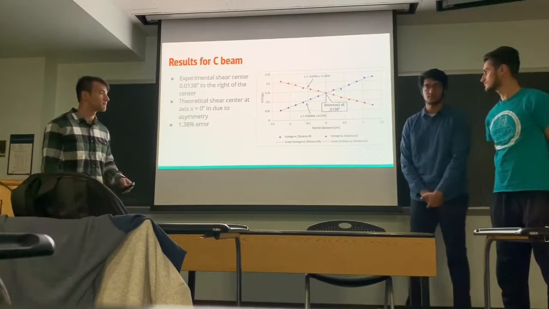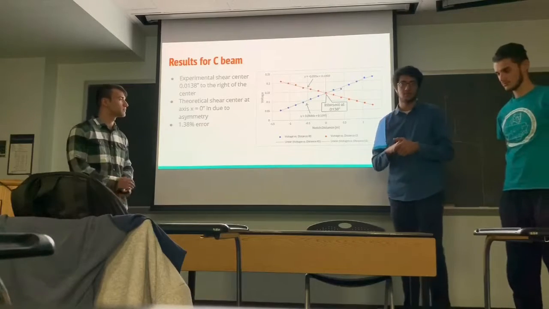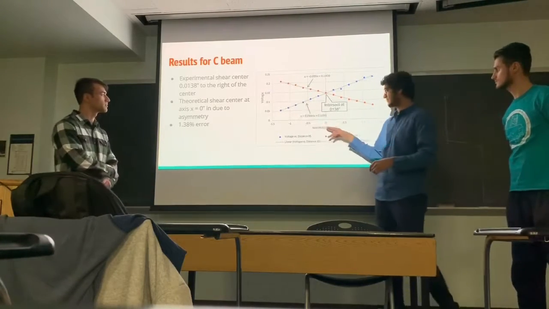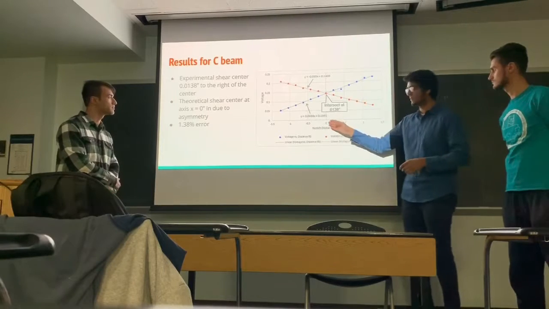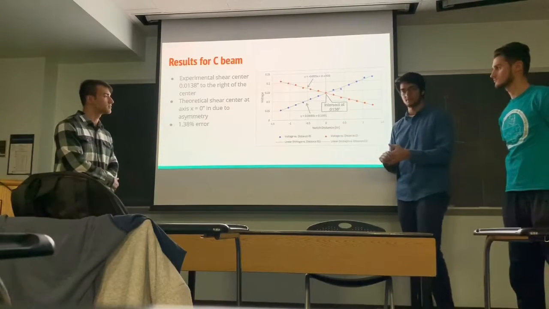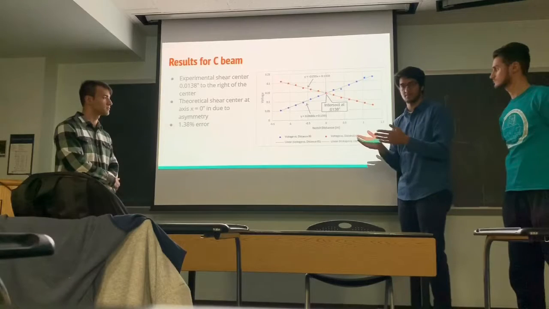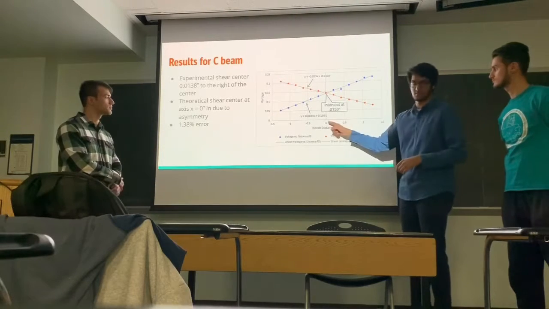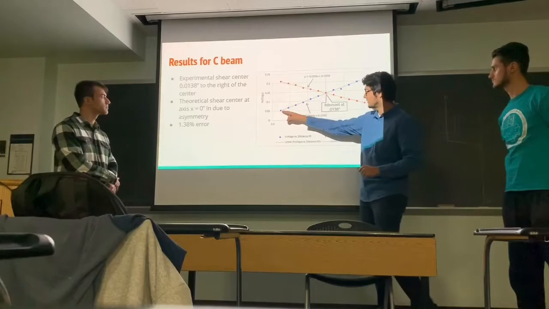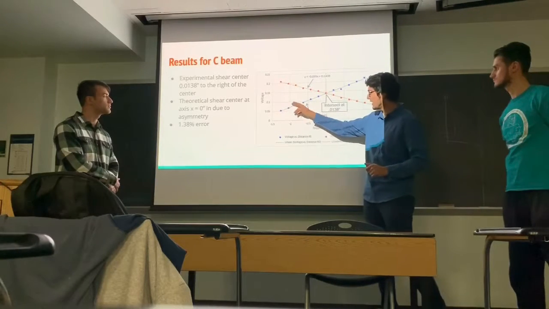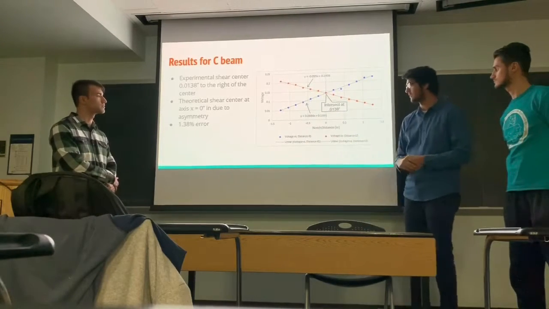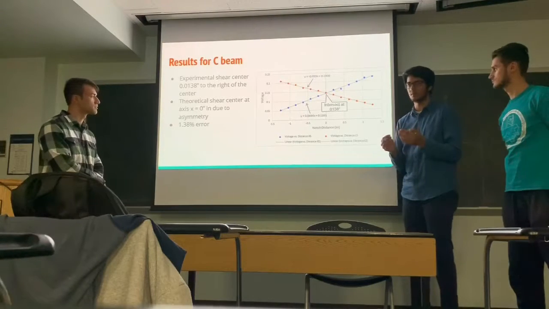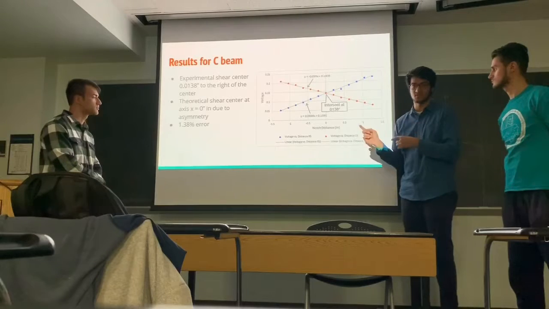Okay, so now we'll talk about the results of the C-beam. Over here we plotted the voltage as a function of the notch distance. 0 represents the center notch, basically where the left and the right potentiometer data readings will be intersecting or approximated at. Now over here, the blue line and the blue dots represent the voltage versus distance of the right side of the beam from readings from the potentiometer.